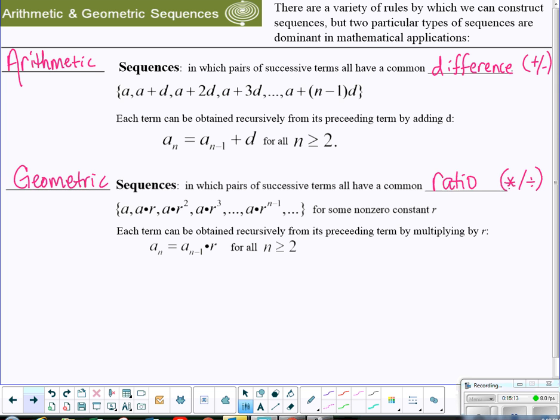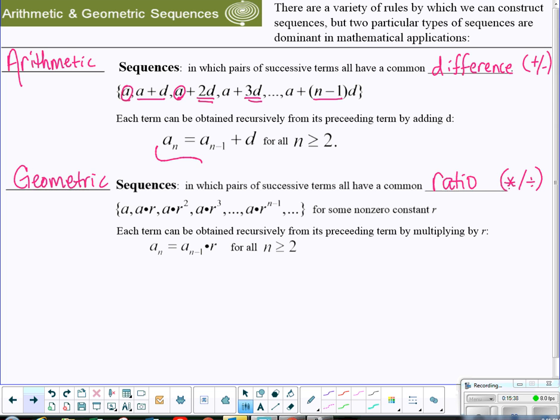And you can kind of see the layout here. We have our a sub first term. The next term is going to take and add a common difference. And then notice how this is always starting with the beginning value, but I'm adding 2 common differences, 3 common differences, n minus 1 common differences to the starter value of a. And that will build up a nice arithmetic sequence.